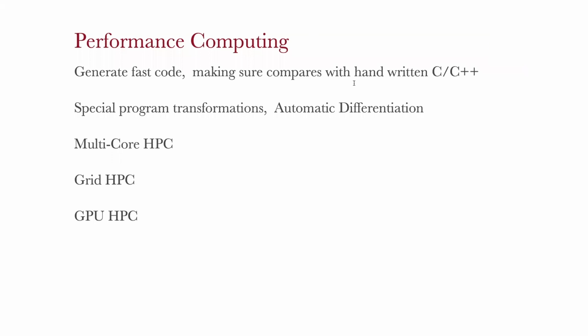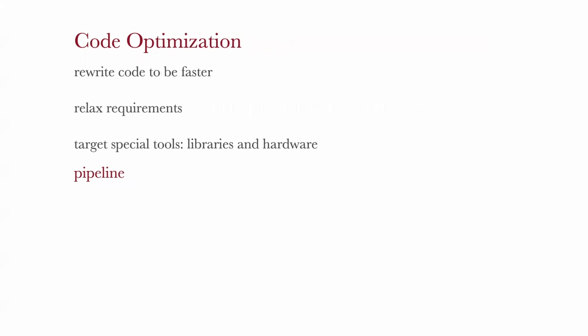There are some special program transformations that can assist performance computing, automatic differentiation as an example. And then there are various technologies that we can take advantage of: multicore CPUs, grid computing, and GPU computing. I'm going to try and talk a little bit about all of these in the time that I have available.